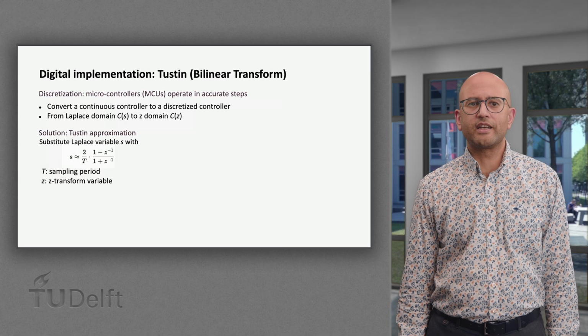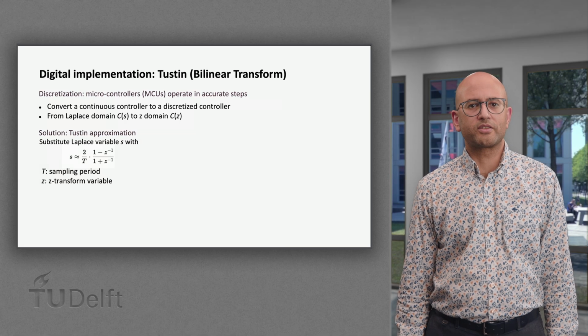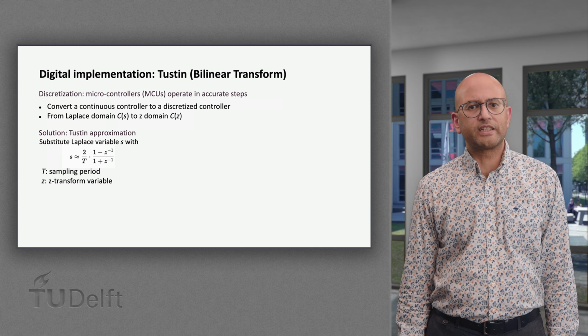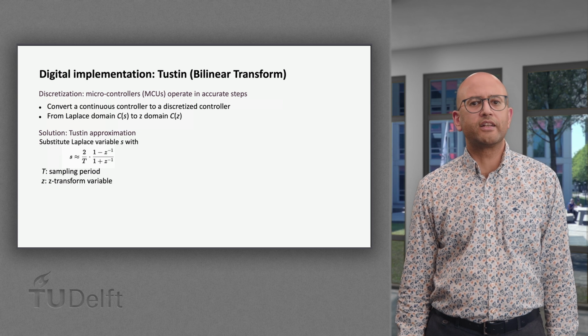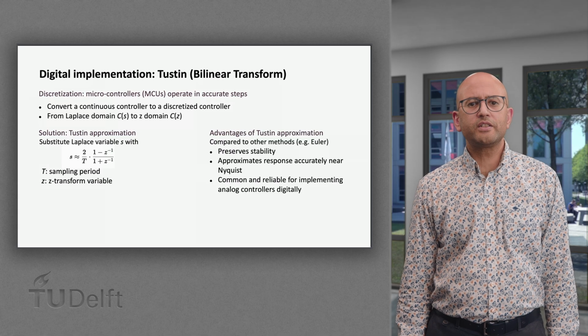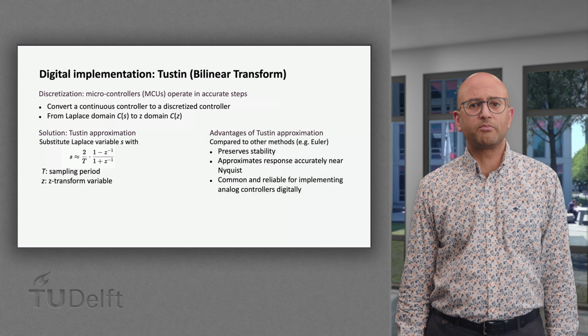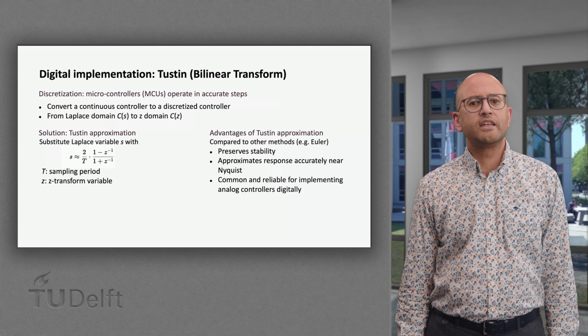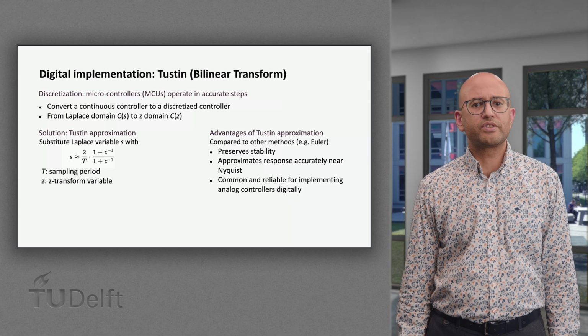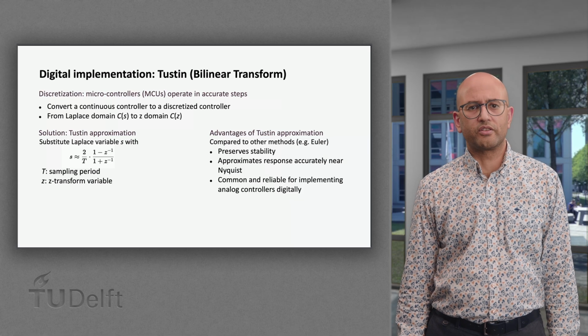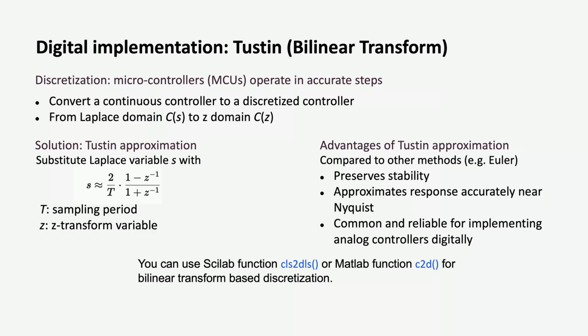A good approach is to apply the Tustin approximation by substituting S with the Z domain transfer function on the slide. Compared to other discretization methods, Tustin achieves a good trade-off between precision and computation cost. One can easily use functions given here to make the transformation.